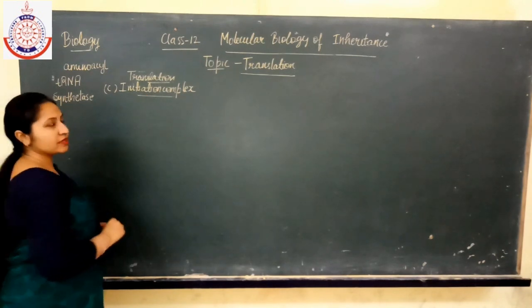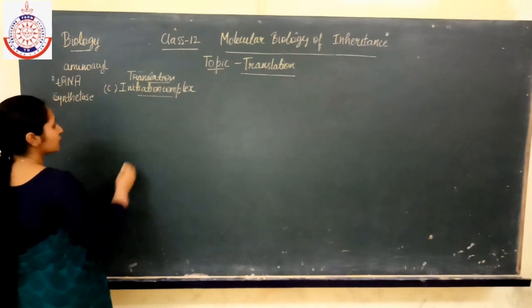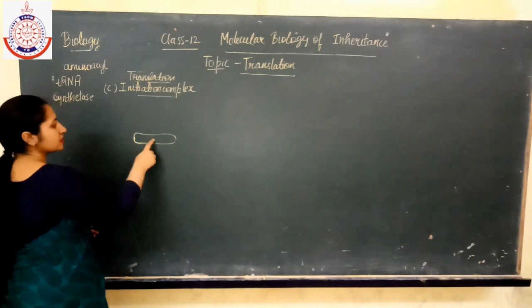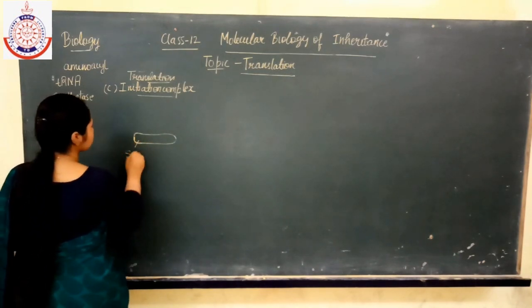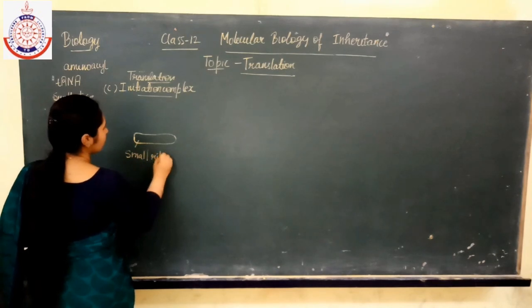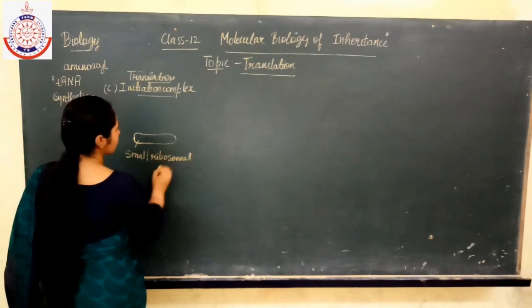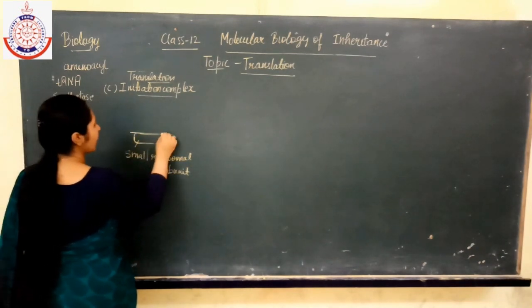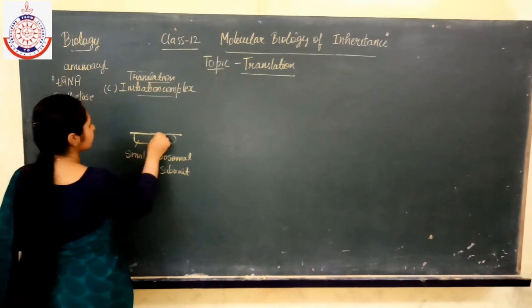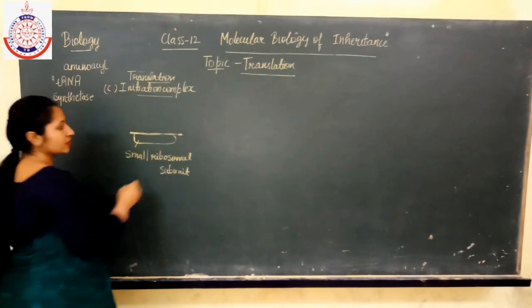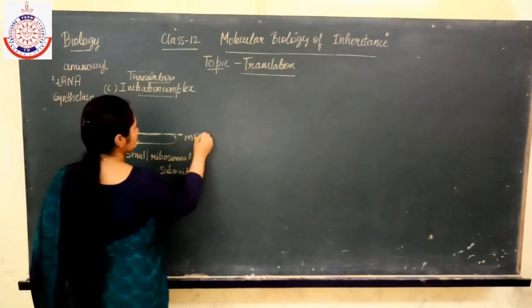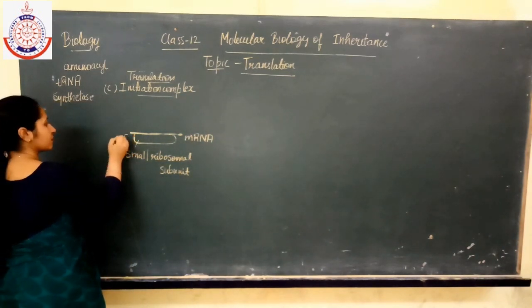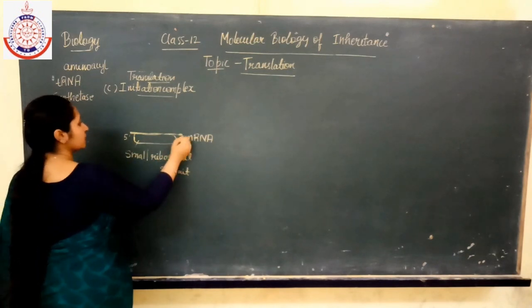In the translation initiation complex, first of all the small ribosomal subunit binds with the mRNA. This is the 5' end and this is the 3' end.